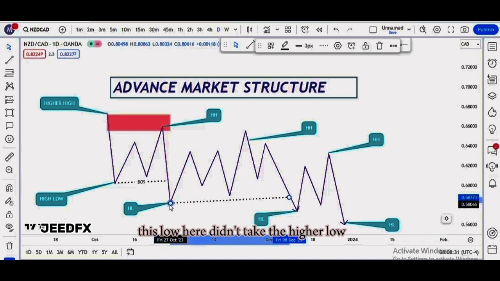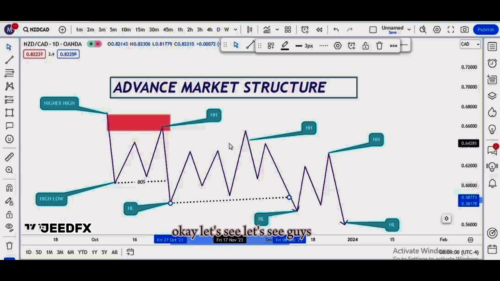It didn't take the higher low. We have to wait for the low to be taken before we conclude on entering the supply zone. You cannot enter like that without the low being taken.